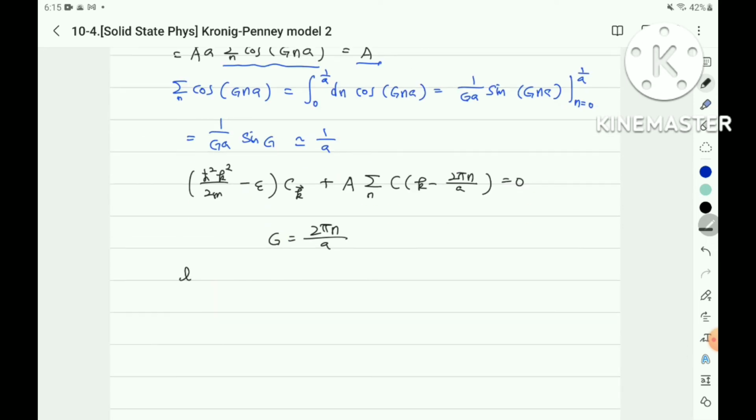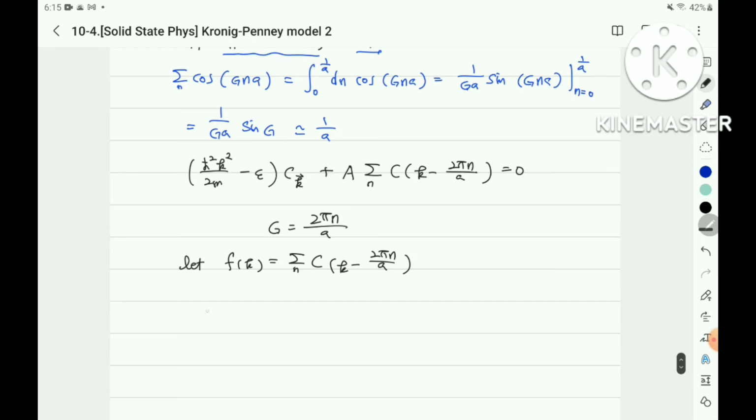Let's denote f_k as the summation over n of c_{k−2πn/a}. Then c_k is minus A f_k divided by the denominator ħ²k²/2m − ε.